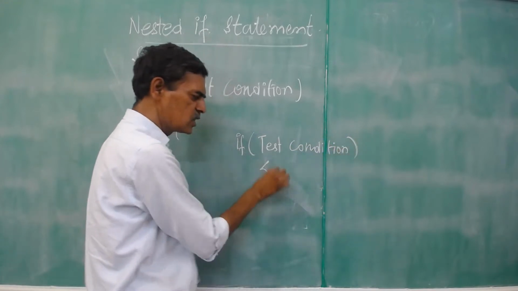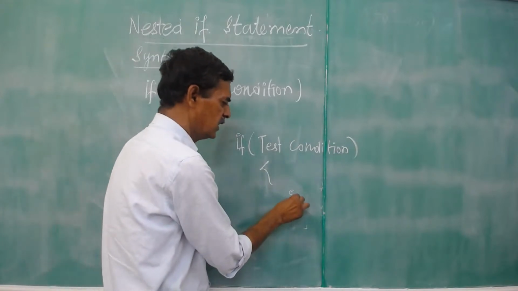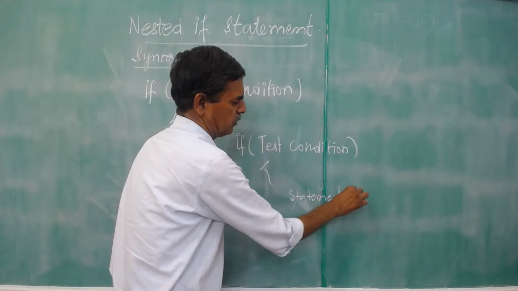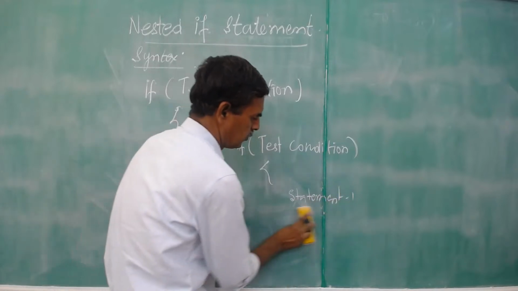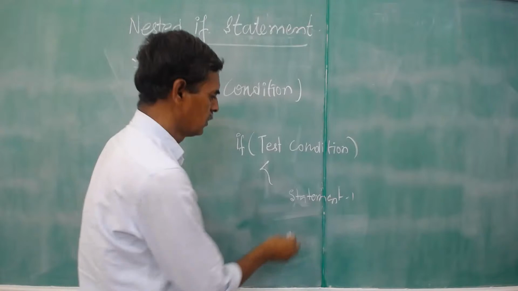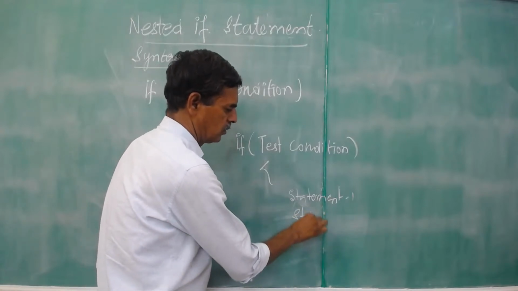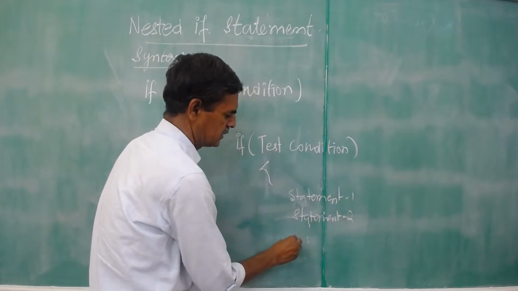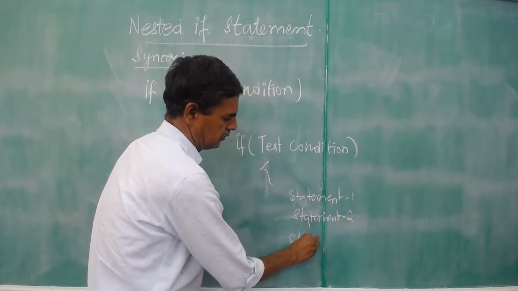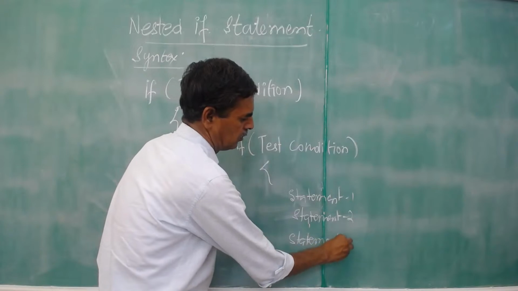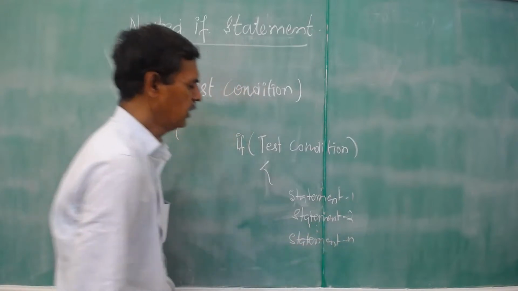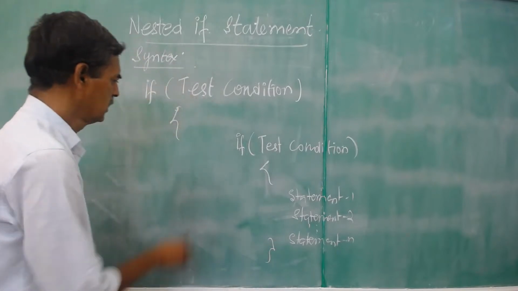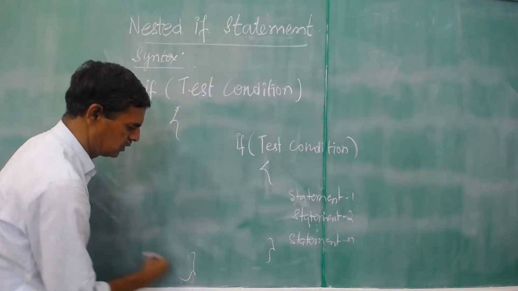If this test condition is true, then statements in this block are executed: statement 1, statement 2. We can have any number of statements in here. Then close this, then close this.